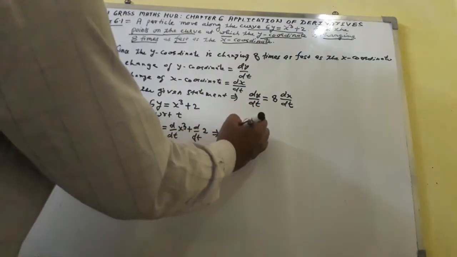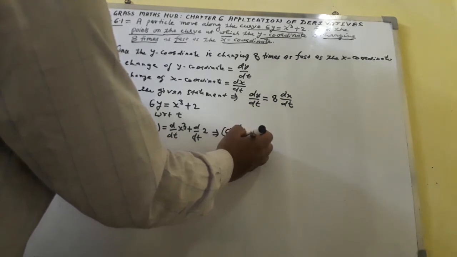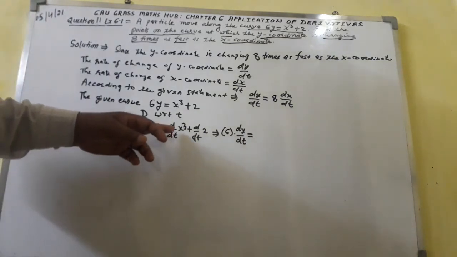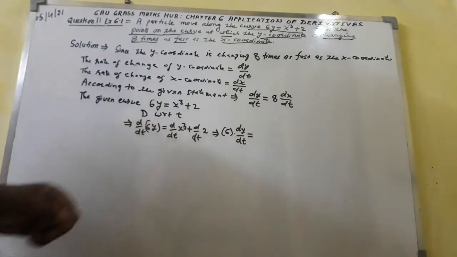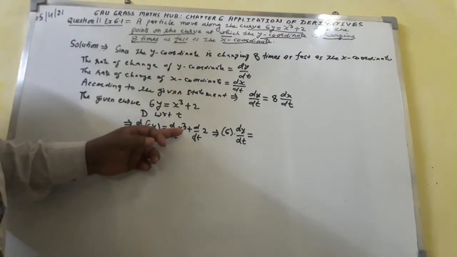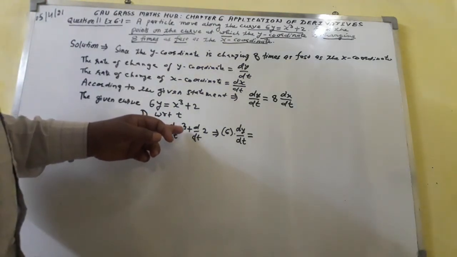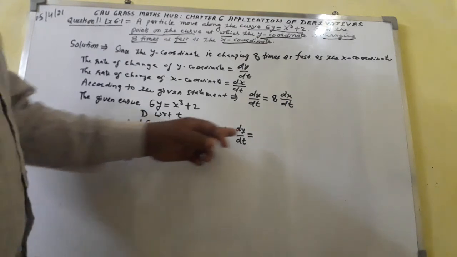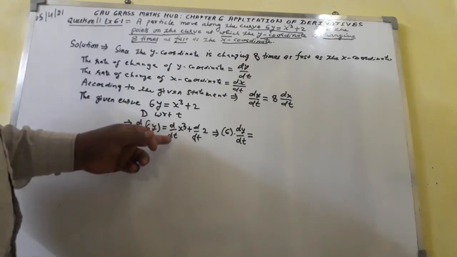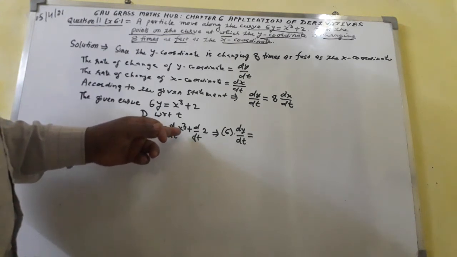So here I shall write dy over dt equal to d over dt of x cube. Here the inner function is x, in the denominator t is available. X and t are different, that's why d will be conjugated with x, and dx over dt will be multiplied. For simplicity, let x equal to t, which gives d over dt of t cube, and we will get 3t square.